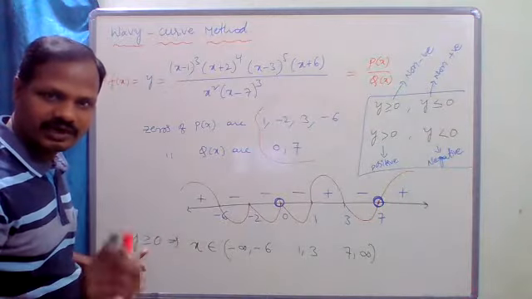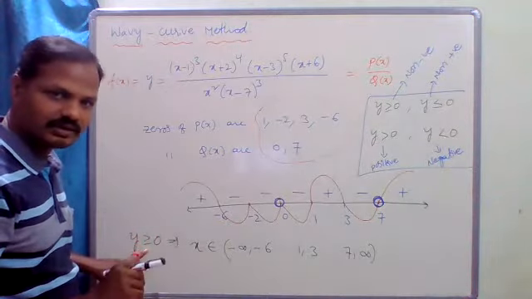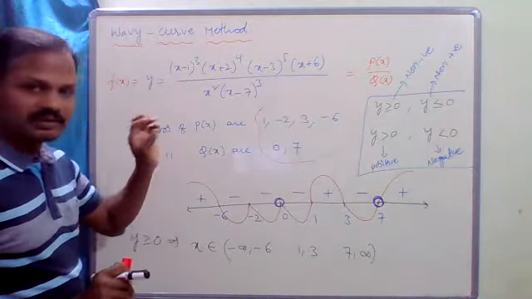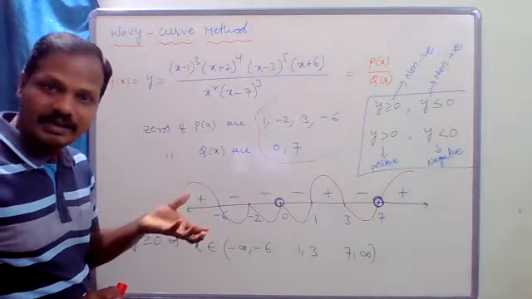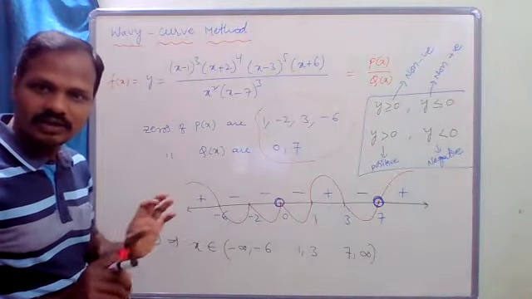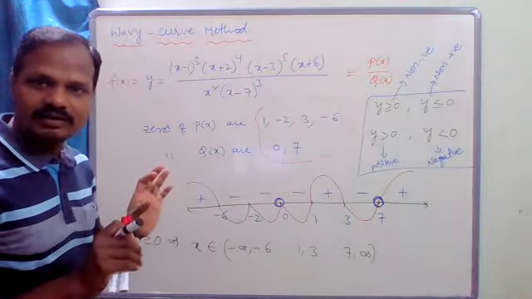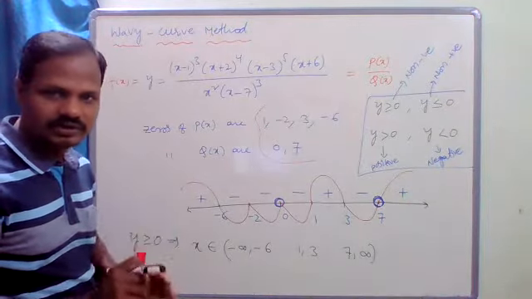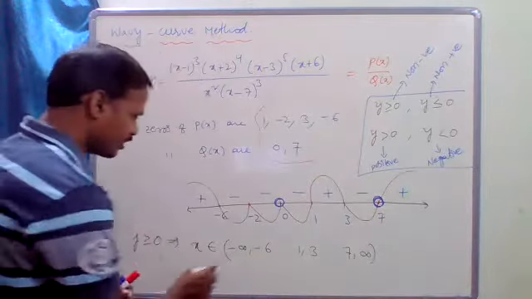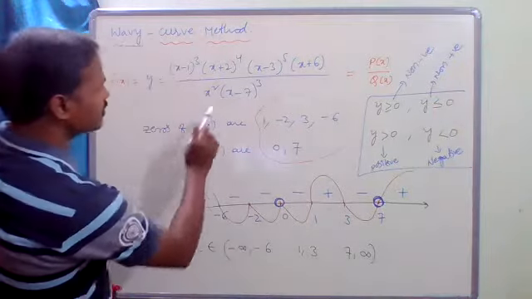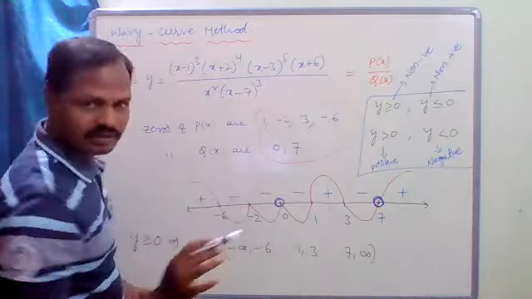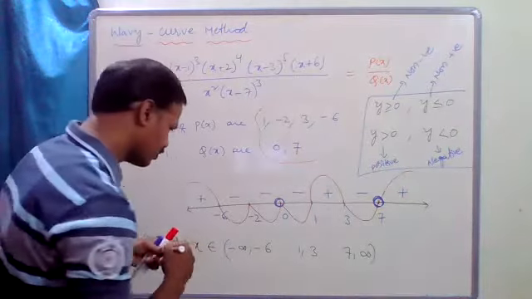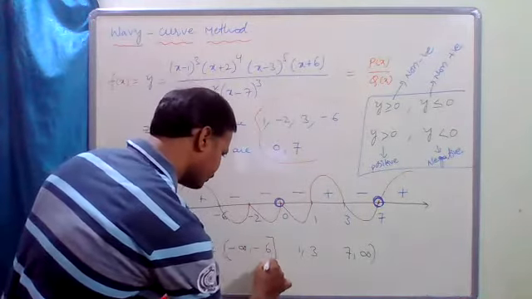But here, where the zeros are in the denominator, you should not use the closed interval in the result. Now -6: where is -6? -6 is in the numerator, so you have to use the closed interval.